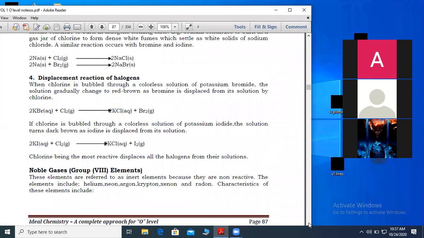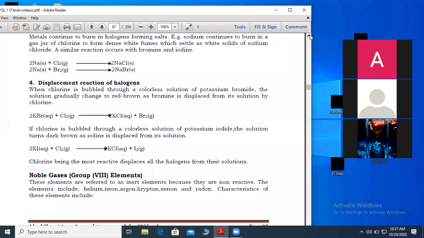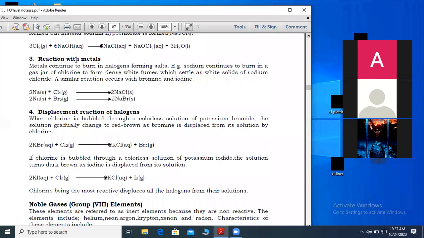Sodium chlorate plus water. So reaction with metals, sodium, we looked at this, sodium plus chlorine.